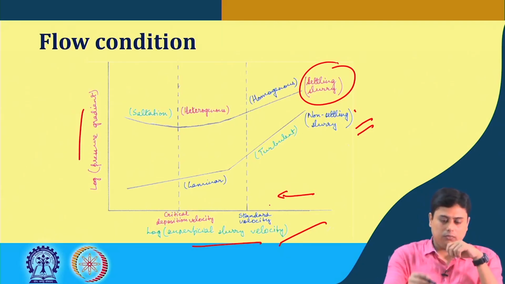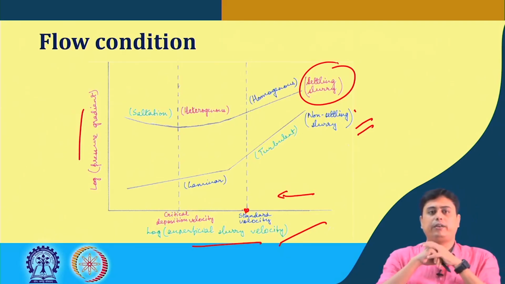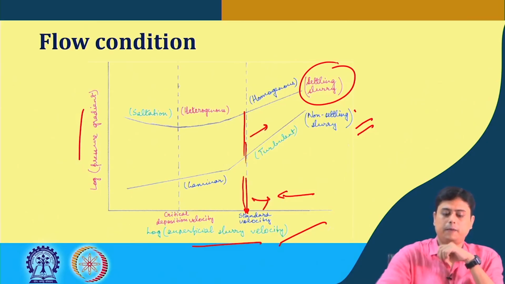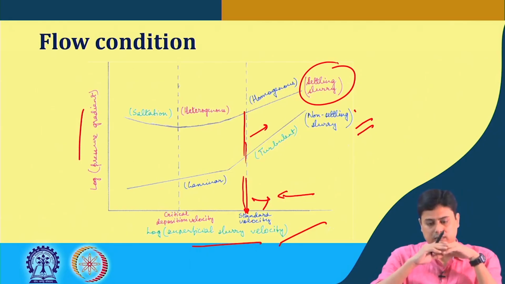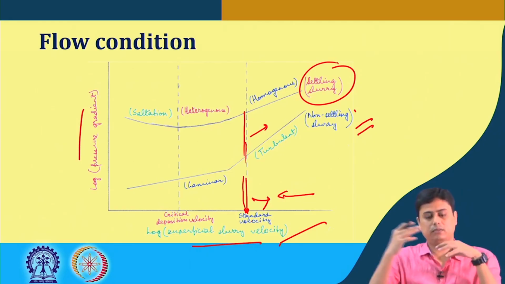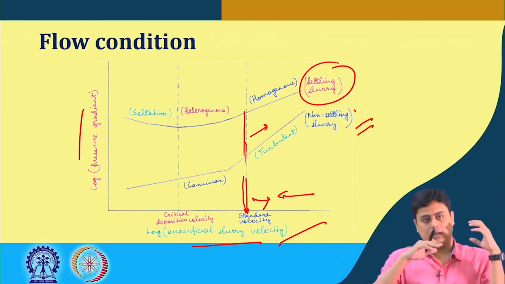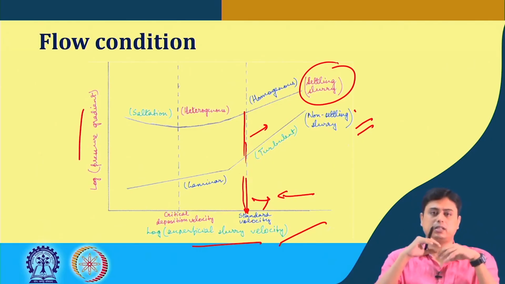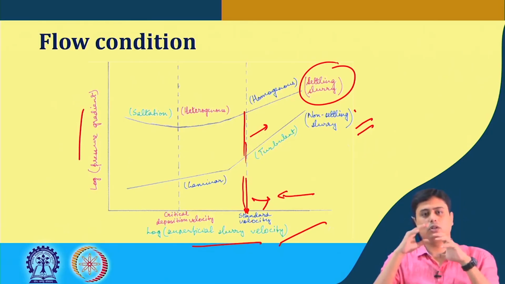For that we need a critical velocity called the standard velocity. If the velocity is higher than the standard velocity, then this settling slurry behaves as if a homogeneous flow. At that very high velocity, all the settled particles get suspended again due to chaotic motion, and the cross section would apparently have an even distribution of the solid particles.